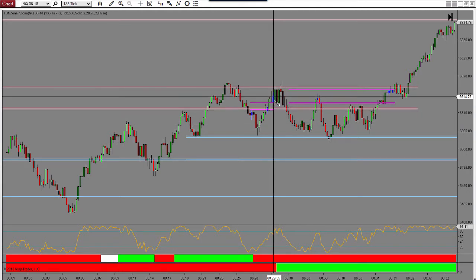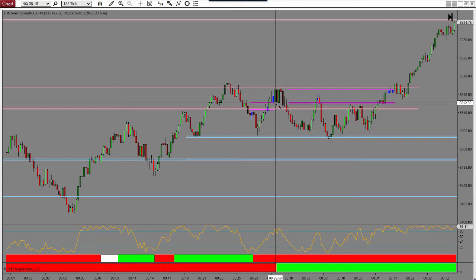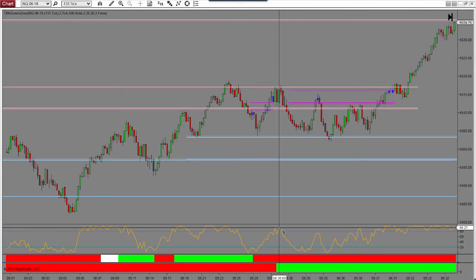So right here I am red in red, so I would take a short after the market opens, which is right here, and there's no opportunity to take a short. And so now I'm red and green. I need divergence, and you can see I do not have divergence.